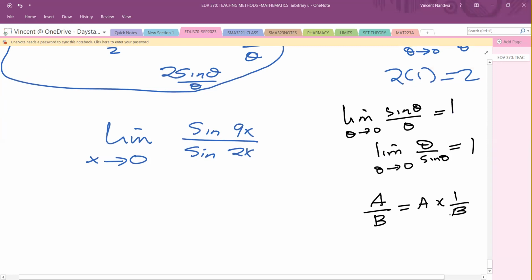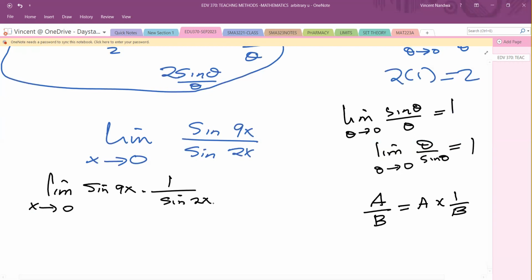Let's split this limit in that form, because it looks like a fraction a over b. So we write the limit as x approaches 0 of sine 9x times 1 over sine 2x. Here you see we have not changed the question, because multiplying still gives what you have.